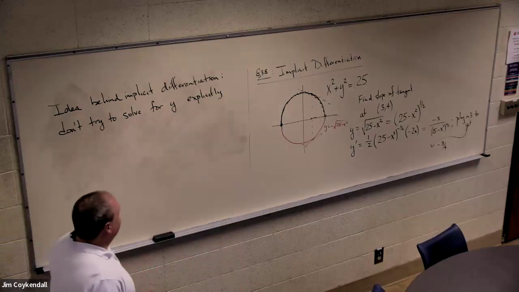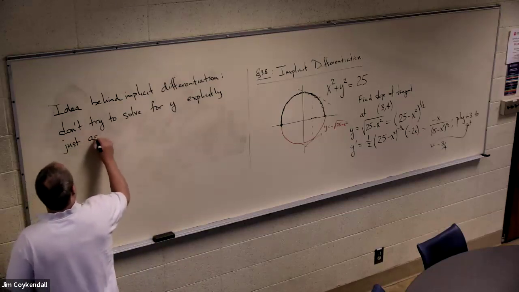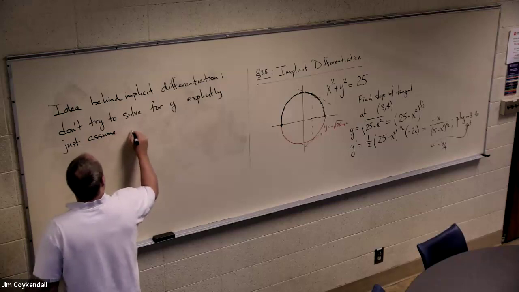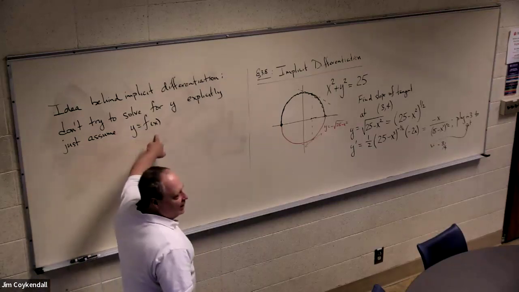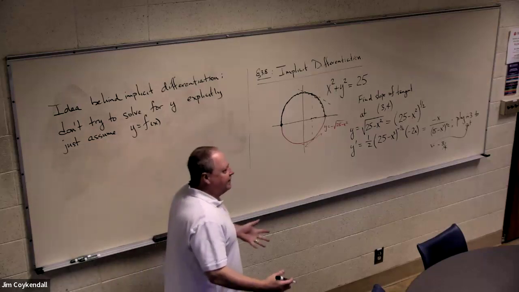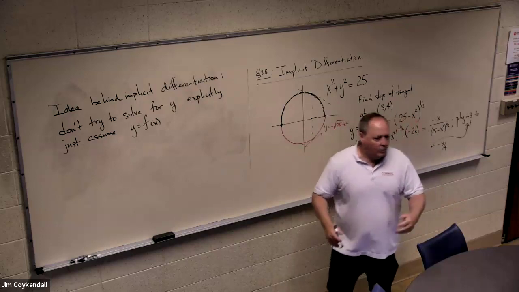This is not a necessary step. Just assume y is f of x. So assume that you can write it as some function, but don't even bother to try to find it. Just be content with the fact that maybe I can find it.